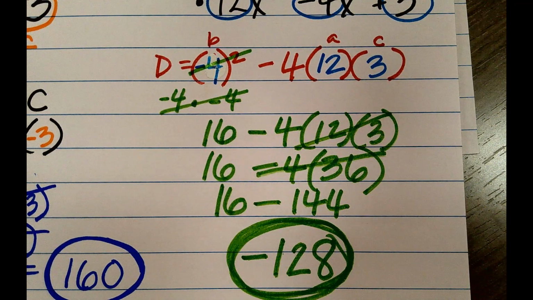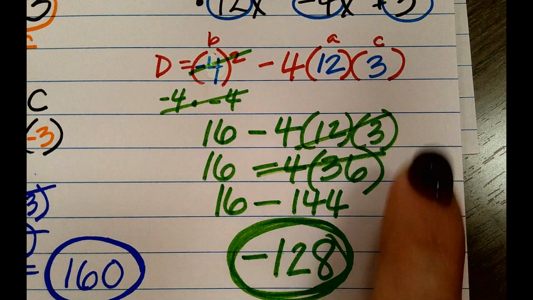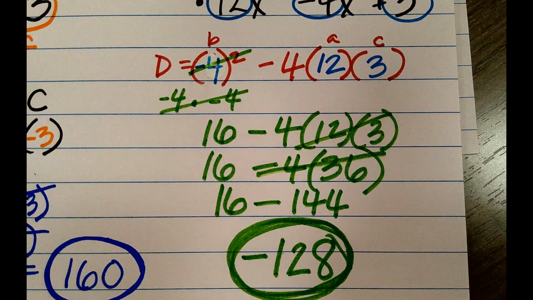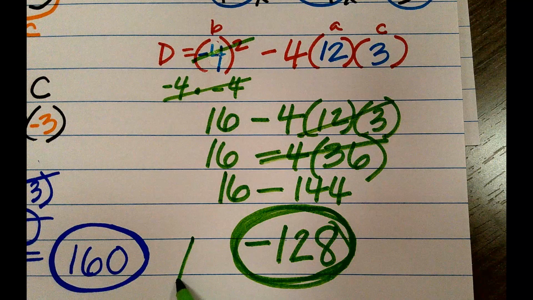And then what did you do, 48 times? Times it by 4, I think. Oh, and it should have been by 3, because you did 4 times 12 and got 48. Take that times 3. Gotcha. I'll come take a look at your paper here in a minute if you'd like. I'll take a peek. Okay, so that was negative 128.